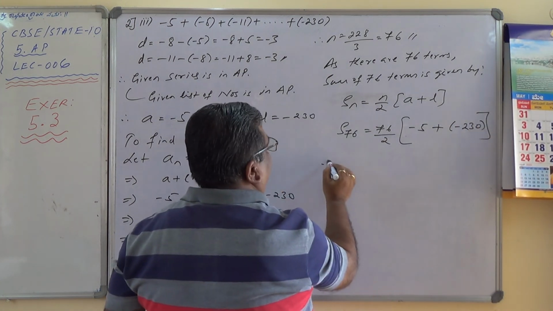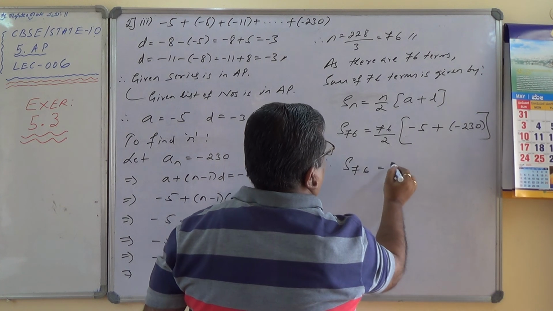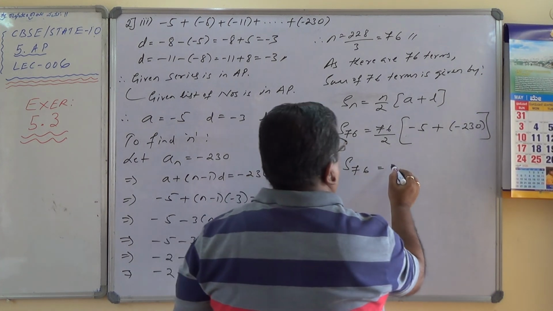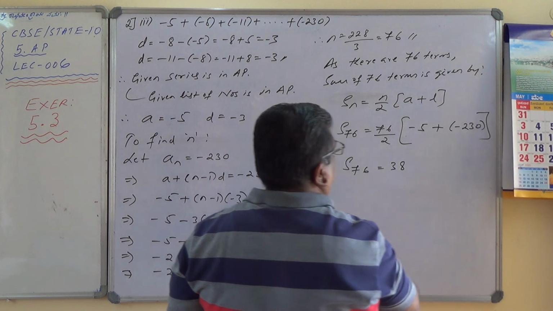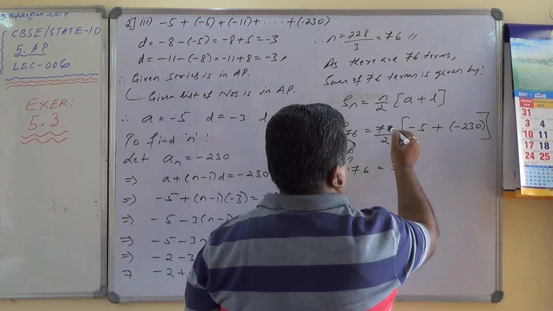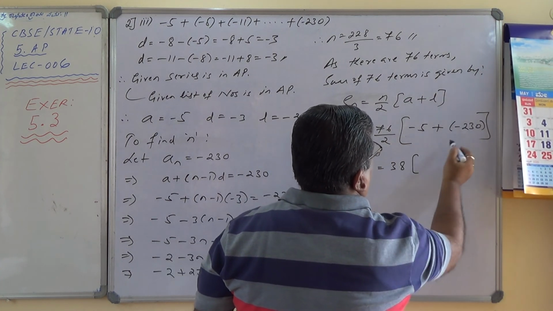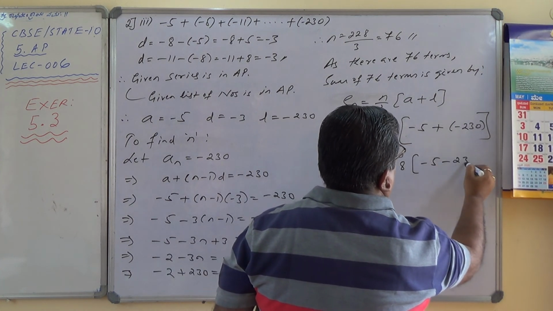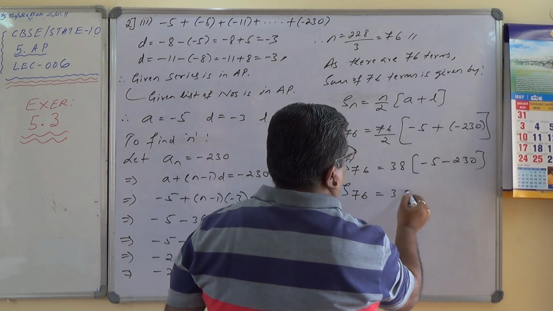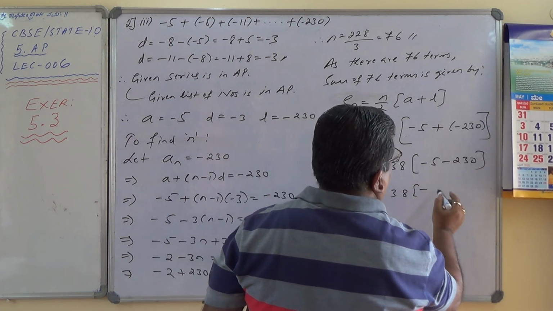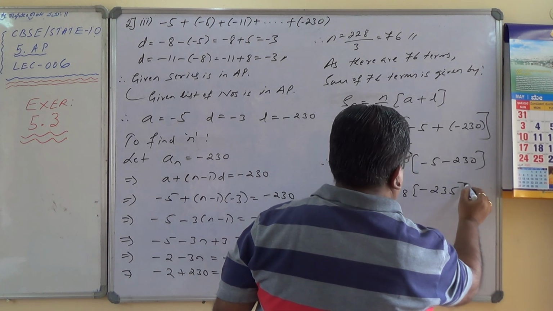And therefore S76 equals 76 by 2, which is 38. Correct, no? Now here minus 5 minus 230 is minus 235.